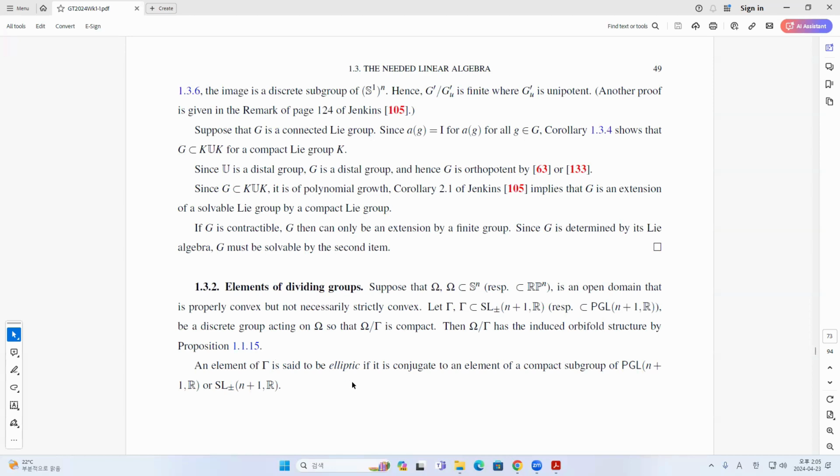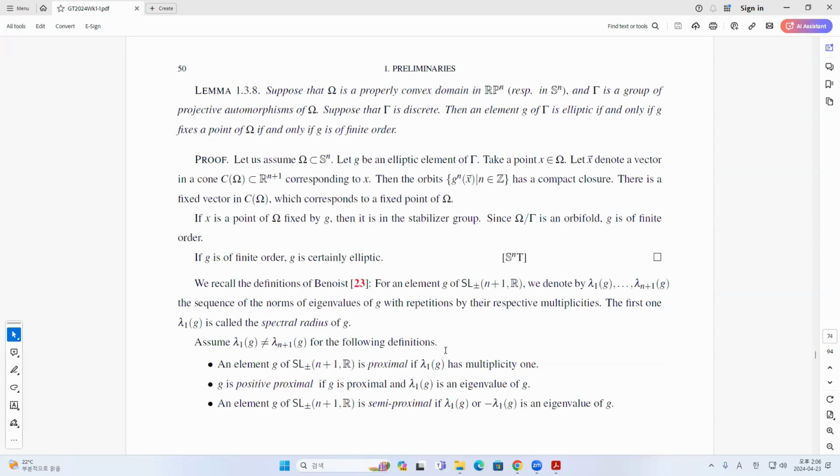Please see this, and the element is elliptic if it's conjugate to some subgroup here. If it's a properly convex domain and gamma is a projective automorphism group, and if gamma is discrete, then an element is elliptic if and only if it fixes a point of omega, or it is of infinite order. Of course, I should say this is an open domain here.